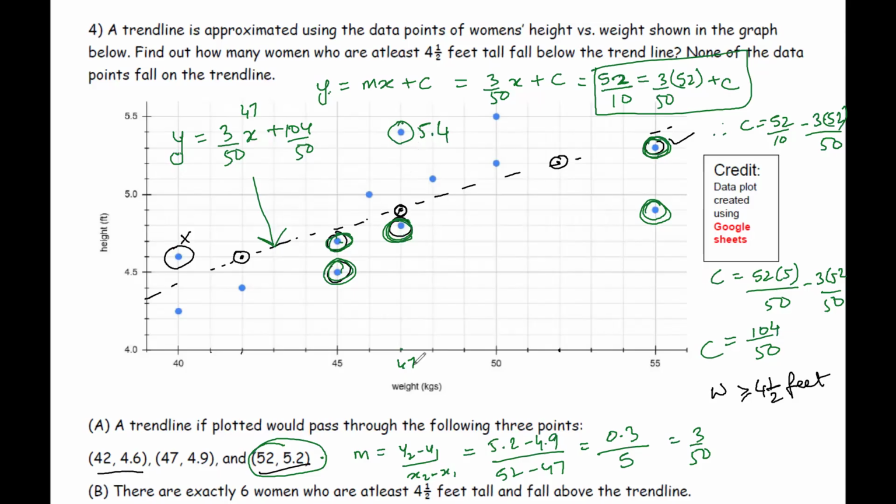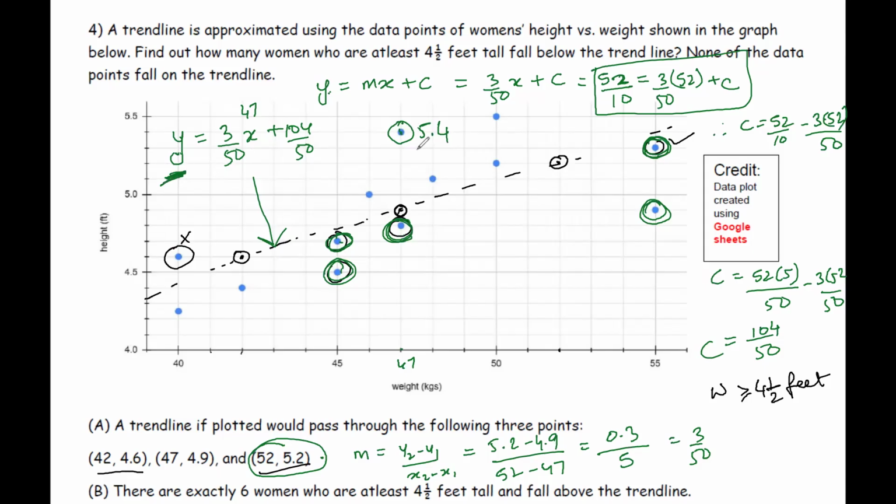So after plugging in x as 47, we get a value. Imagine the dotted black line trend line is not drawn, but if you were to just use the equation, then whatever y value we get is on the trend line.